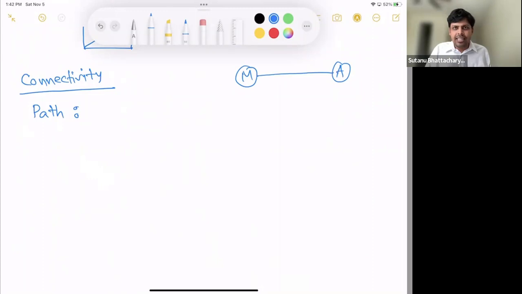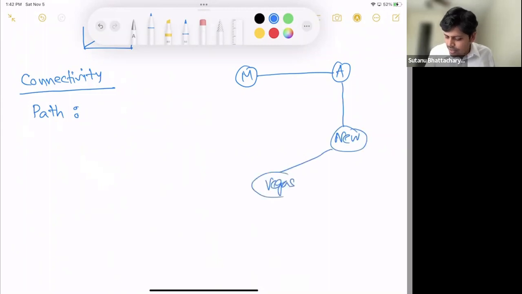It can be a direct edge, or it can be via, like this is Atlanta, this is, you may think, New York, then you may think this is Vegas. So there is a path from Montgomery via Atlanta, via New York to Vegas. So this is an example of a path.